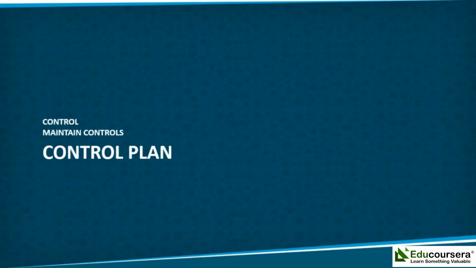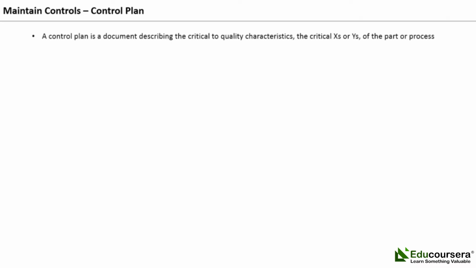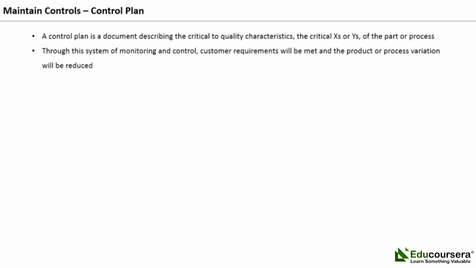Control plan. Maintain controls. Control plan. A control plan is a document describing the critical to quality characteristics, the critical X's or Y's of the part or process. Through this system of monitoring and control, customer requirements will be met and the product or process variation will be reduced.